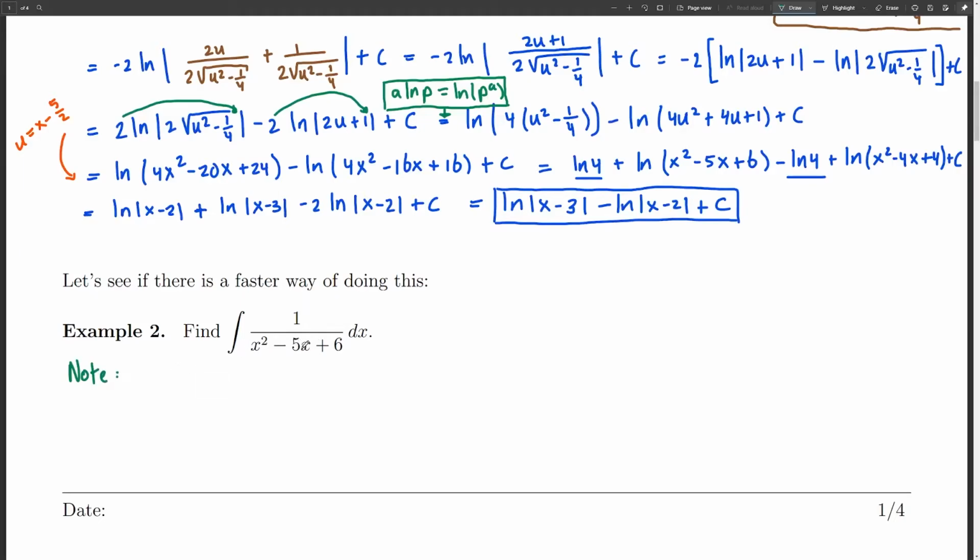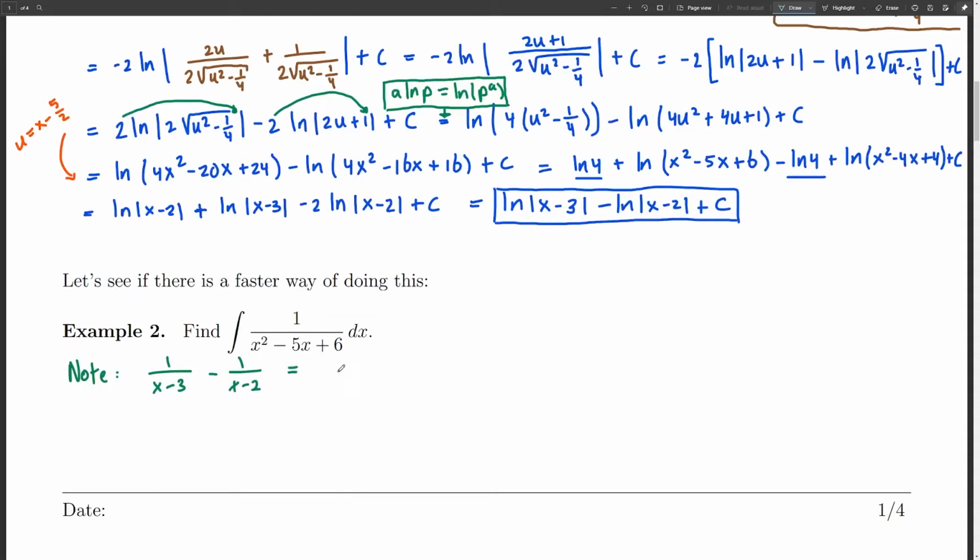And what we have to note for this is that we can actually rewrite the integrand 1 over x squared minus 5x plus 6 as follows. If you take 1 over x minus 3 and you subtract 1 over x minus 2, what do you get?